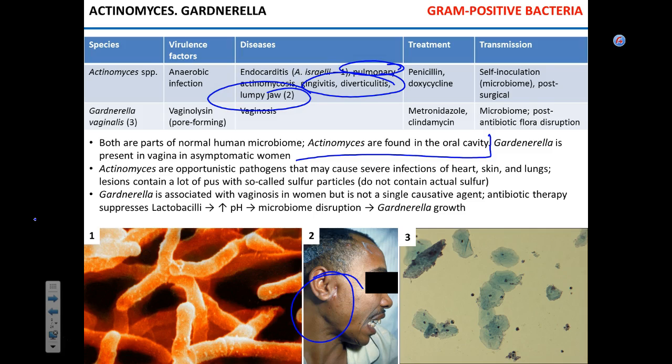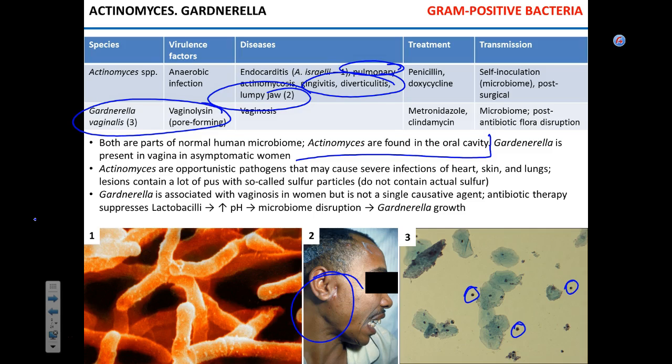Gardnerella vaginalis, you can see the Gardnerella cells here.